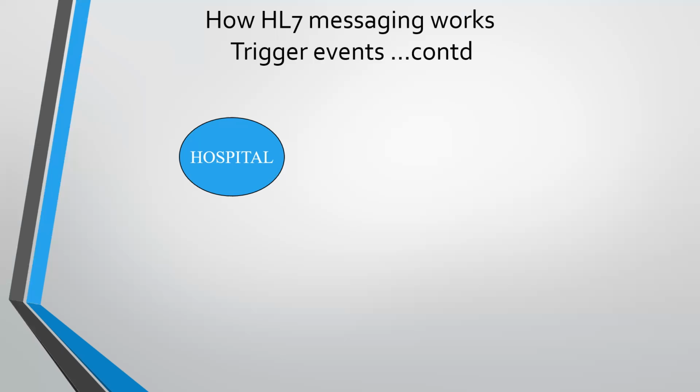If you look at the hospital workflow, it can be broadly categorized, at a very high level, into registration: all the registration-related events like a patient being registered, a patient's data being updated, patient admissions, and patient discharges will fall under the registration bucket.